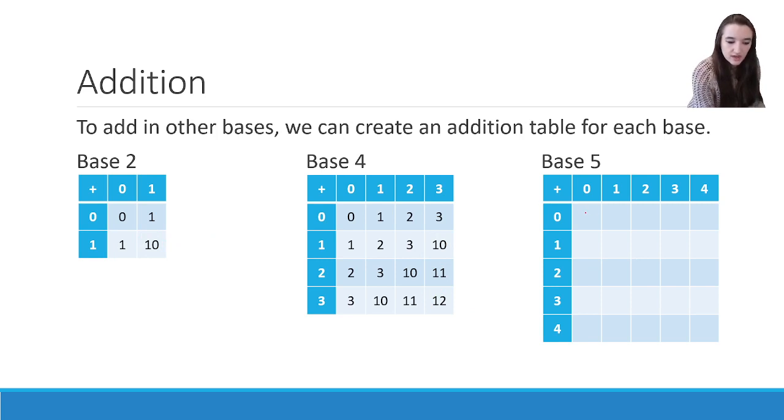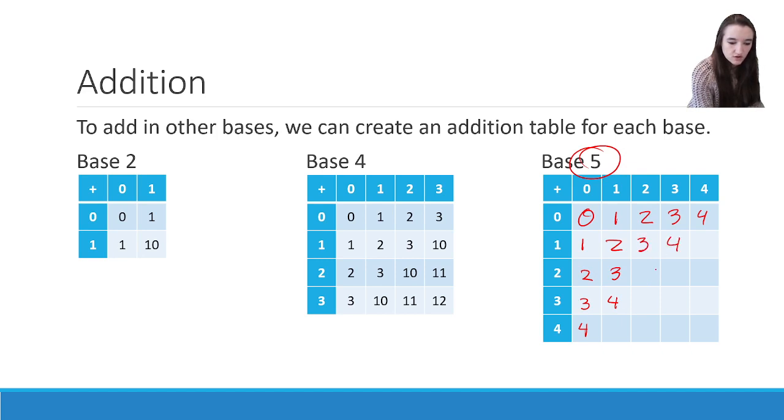Again, we get 0 plus 0 is 0, 0 plus 1 is 1, 0 plus 2, 3, 4. These are all nice. We can fill these in without too much problem. I can fill in anything up to, but not including, 5. So 1 plus 1, that's fine. 2 plus 1, that's fine. 3 plus 1, totally fine.